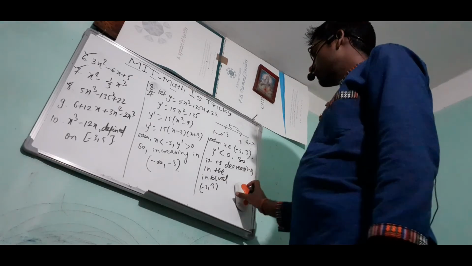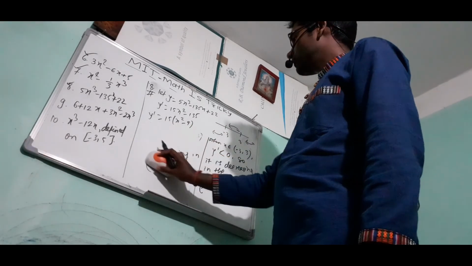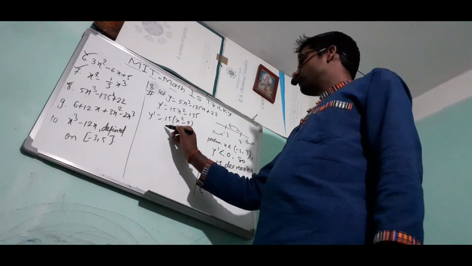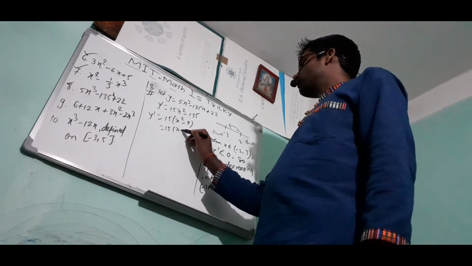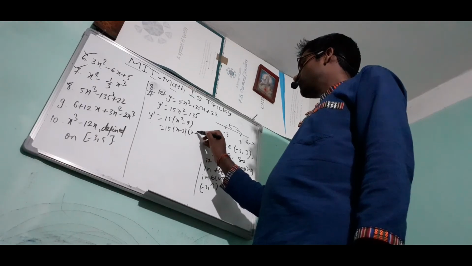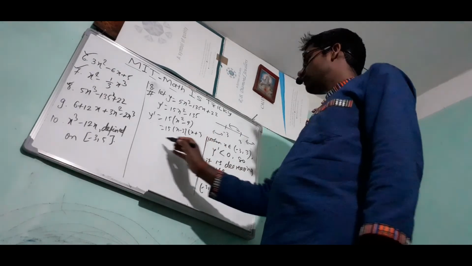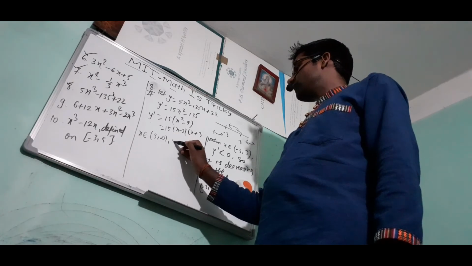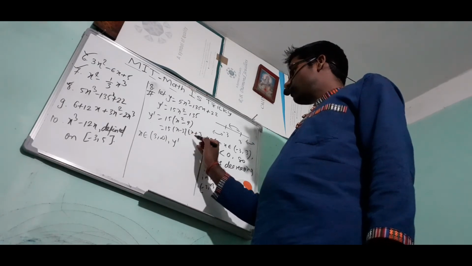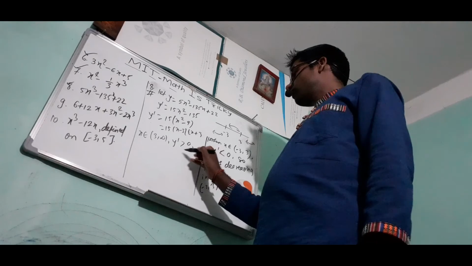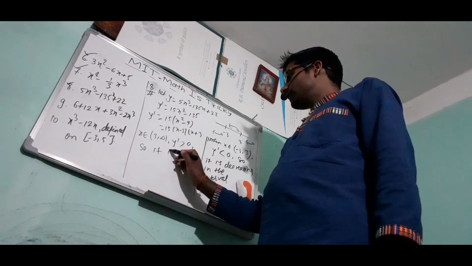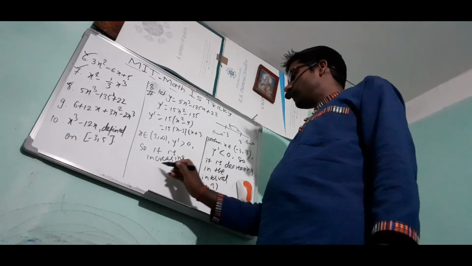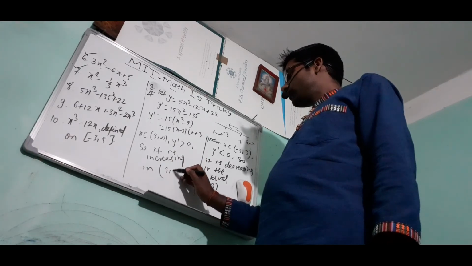Okay, for the next one, let me show you whether it is increasing or decreasing. It was 15, x minus 3, x plus 3. For x belongs to 3 to infinity, we can easily check. Take this positive, so it is positive, so it is increasing in the interval 3 to infinity.